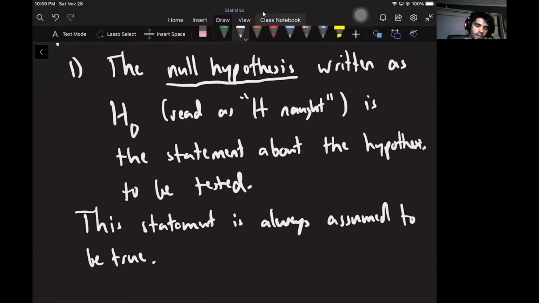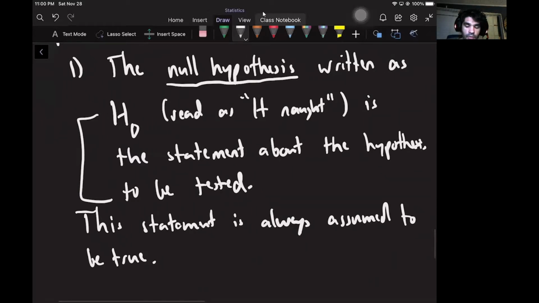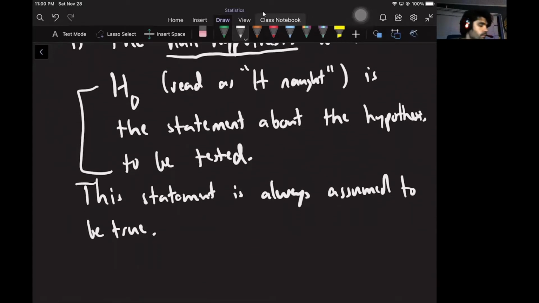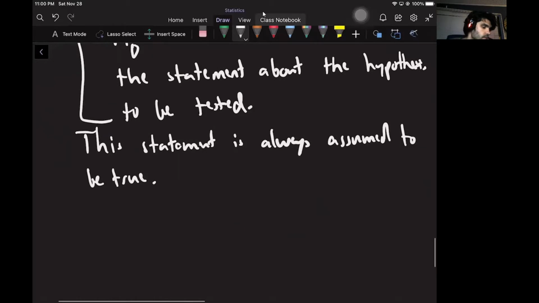That's what this fancier thing is saying up here. Once we do more examples, it won't feel so confusing.